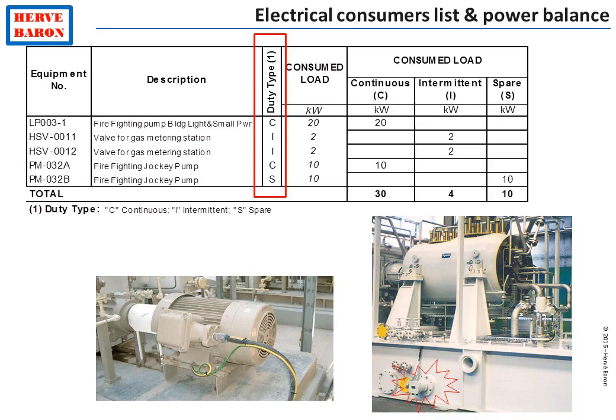The overall power consumption is then calculated by summing the consumed load times what is called a coincidence factor, which will be 1 for continuous consumers, maybe 0.5 or 0.6 for intermittent consumers, and 0.1 for spare consumers.